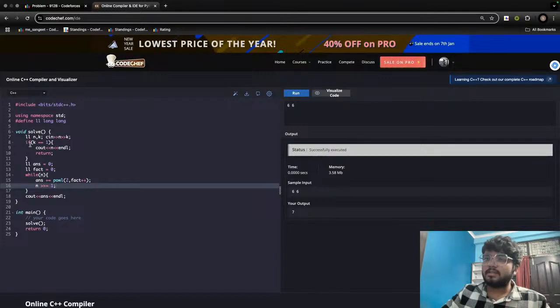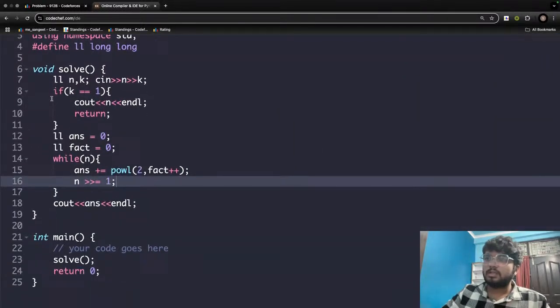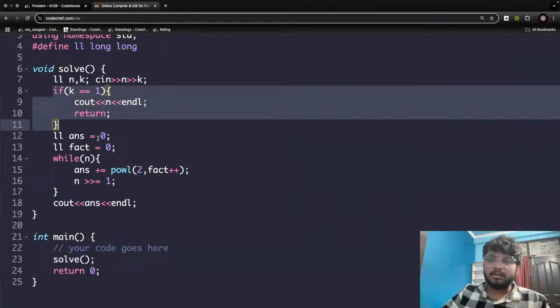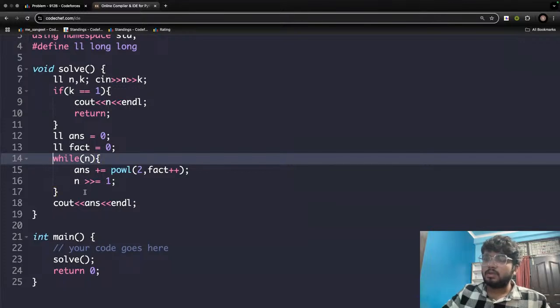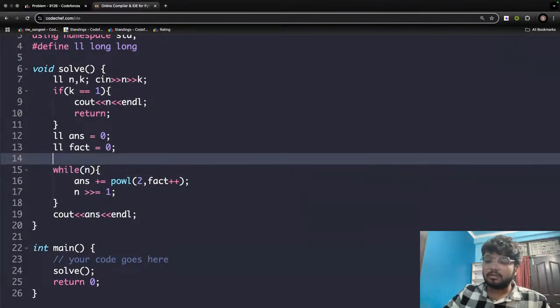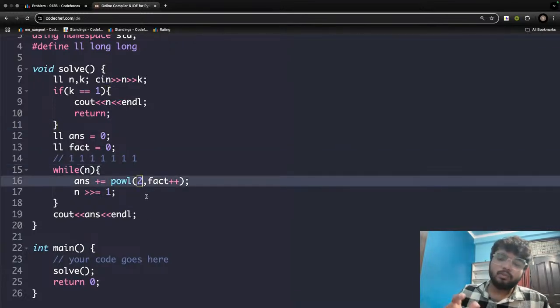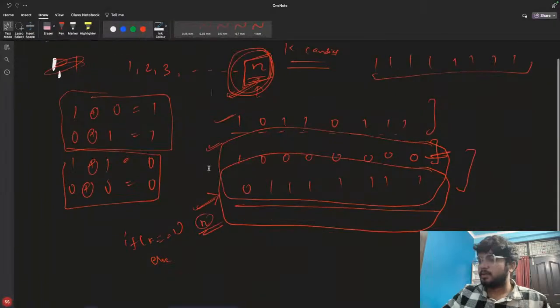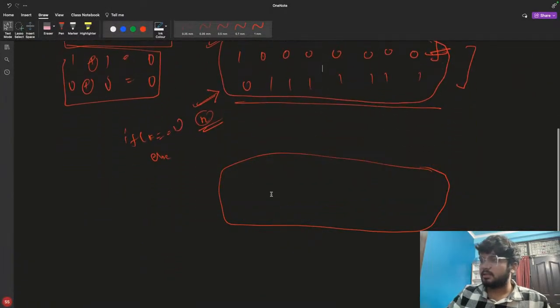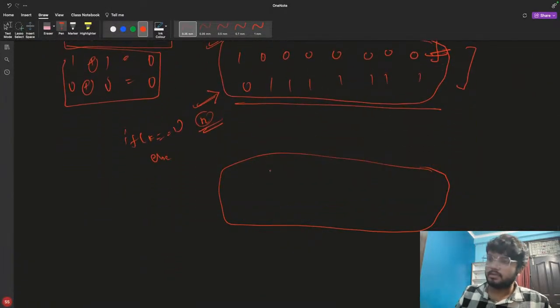So we can see if K is equal to 1, then we can directly print N. Otherwise, we can print this number. How can we print this number? For each 1, we are basically adding 2 raised to the power of that particular index for that bit. If this is unclear, let me just show it.